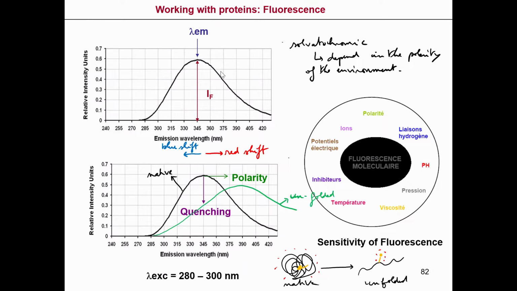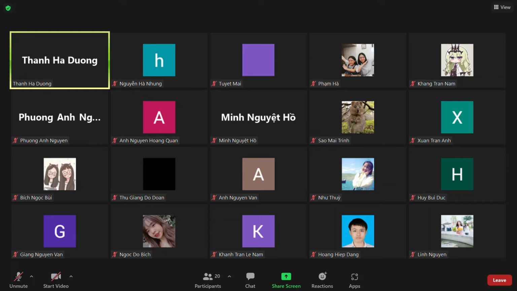So let's try to do an exercise about absorption and emission. So I think you probably use these techniques to measure the concentration of your protein. Is it the Bradford method? Do you have a practical class? No?